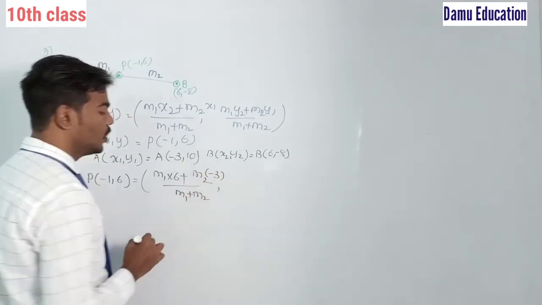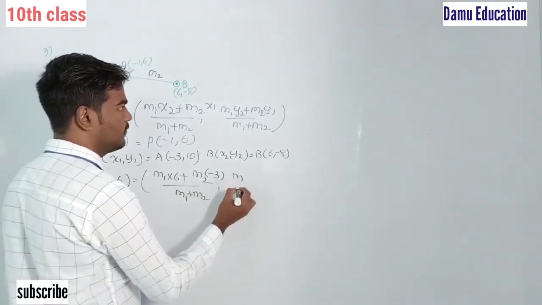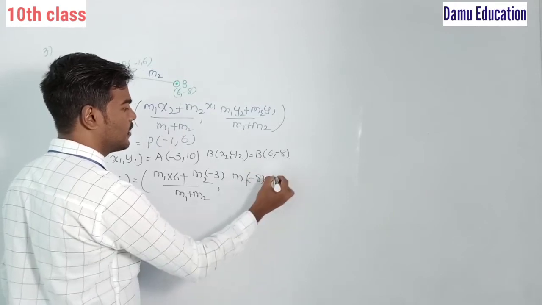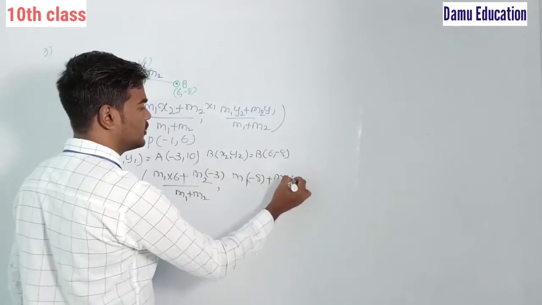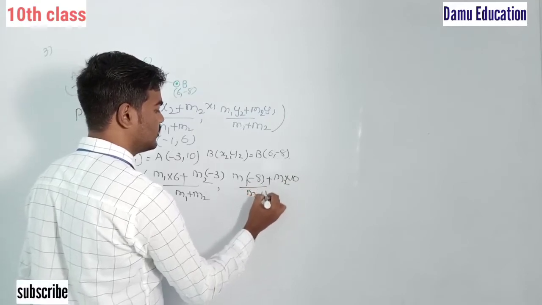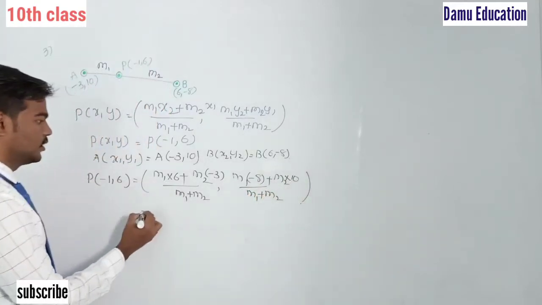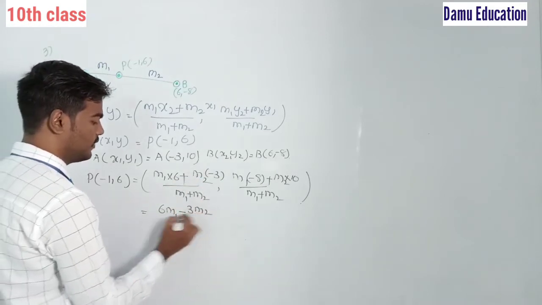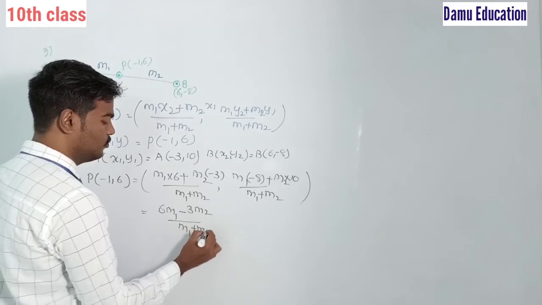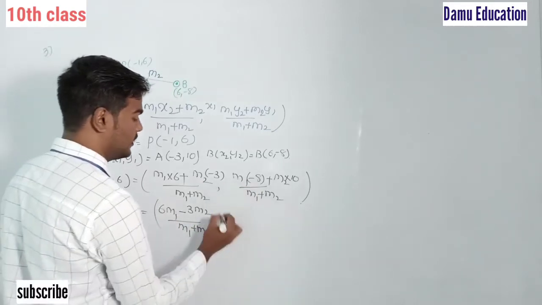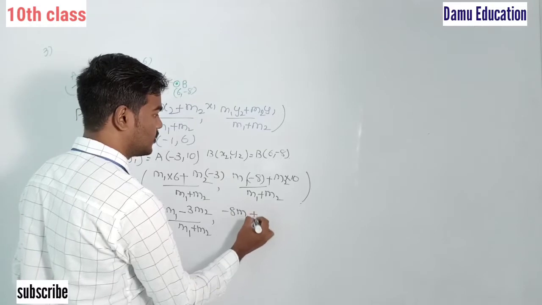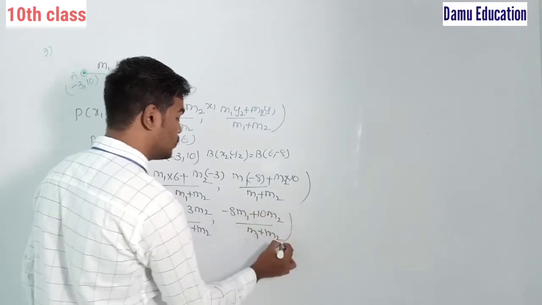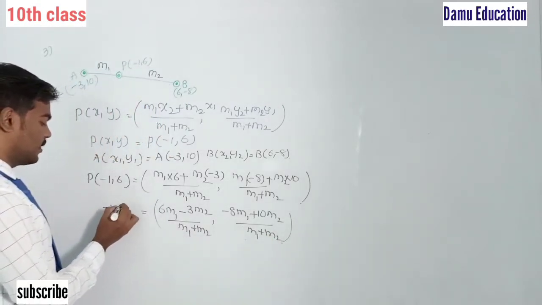Then m1 y2, that is minus 8, plus m2 y1, that is 10, whole divided by m1 plus m2. So that is 6 m1 minus 3 m2 whole divided by m1 plus m2 comma minus 8 m1 plus 10 m2 whole divided by m1 plus m2, and here minus 1 comma 6.